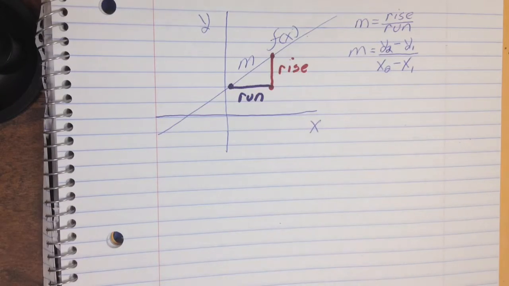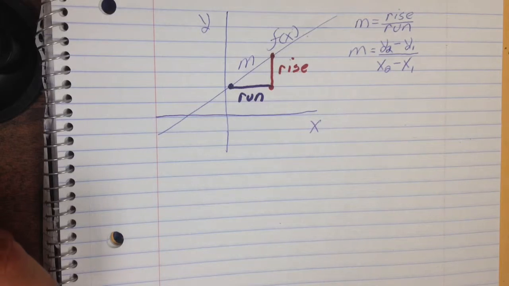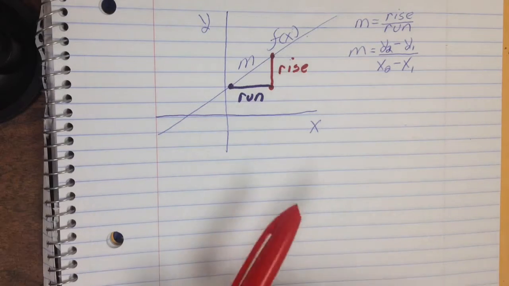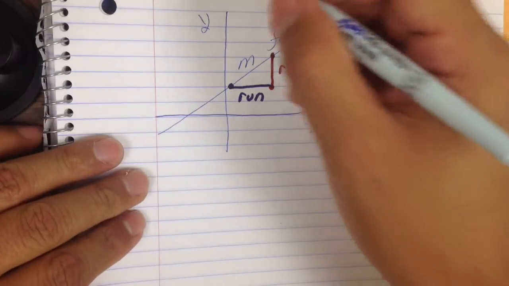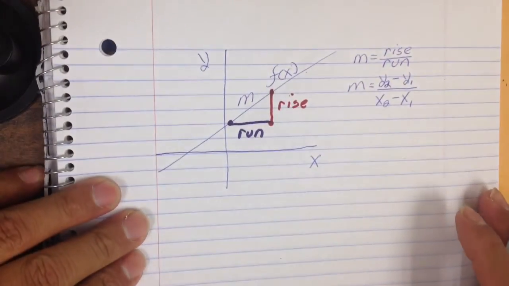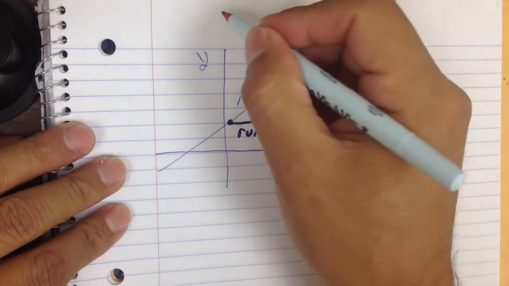Now, I'm going to introduce, or I hopefully reintroduce, the symbols delta x and delta y to you. Big thing, what does delta mean? Well, what we're really talking about is distance.